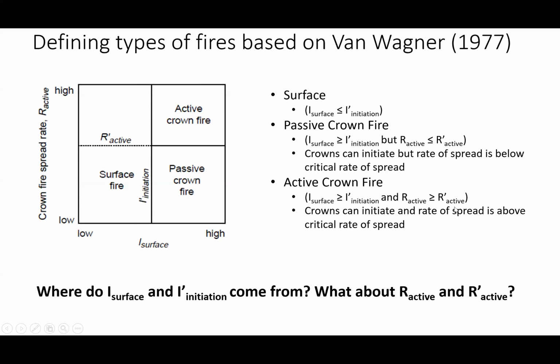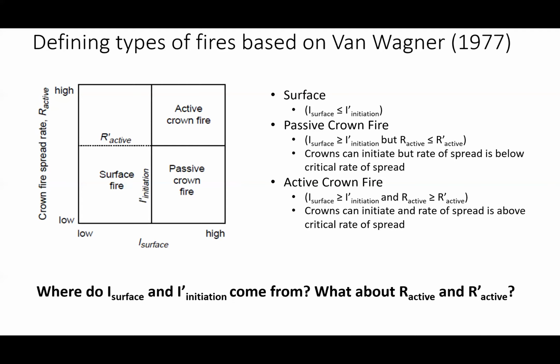Then there's an additional question: now that we've ignited our crowns, do we expect that to continue to propagate as an active crown fire? What Van Wagner said is that there's a critical mass flow rate needed to sustain the active crown fire, and that is based on the bulk density of the canopy, as well as how fast the fire is spreading.